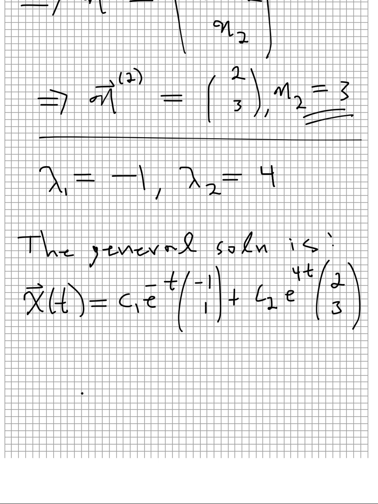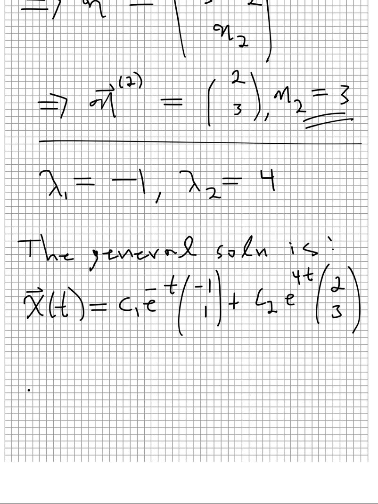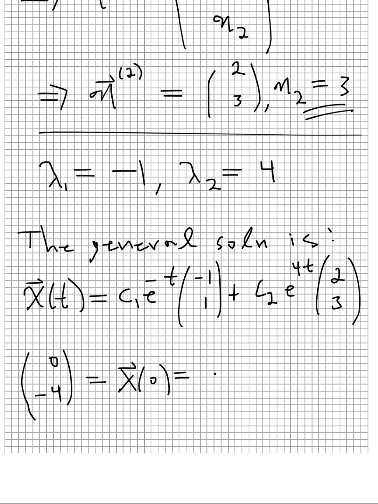So now all we have to do is find the constants. And to do this simply, we need to apply the initial conditions. So the initial condition was 0, -4. And that's going to equal the x vector of 0. And that will be c1, here's your first eigenvector, plus c2, and our second eigenvector.